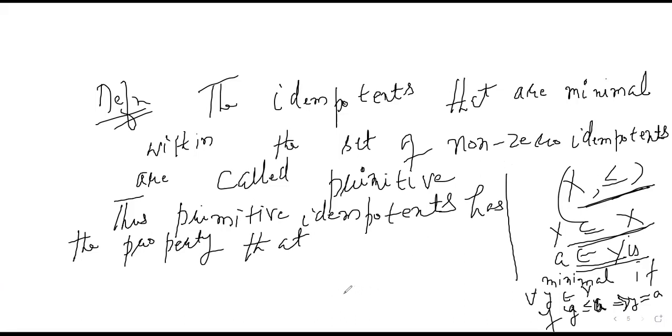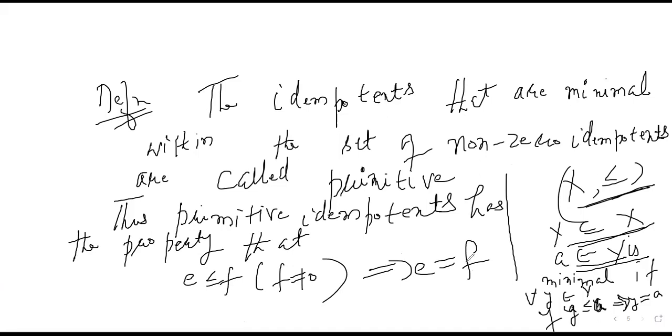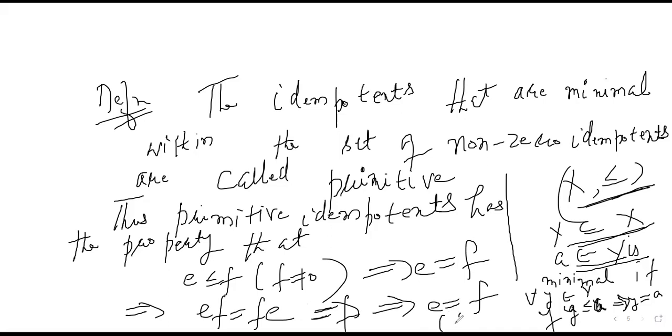Means that e less than or equal to f, where f is non-zero, must imply that e is the same as f. Or in other words, by definition of this relation, ef equal to fe equal to e must imply that e is the same as f, where f is non-zero.